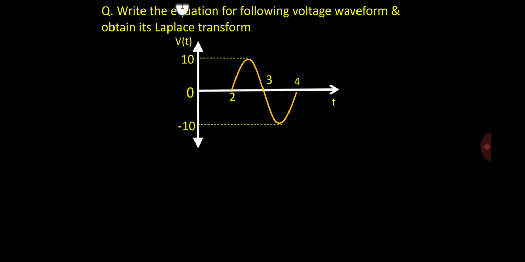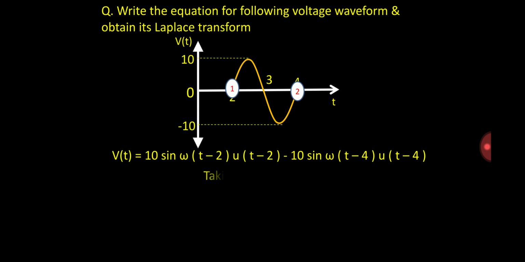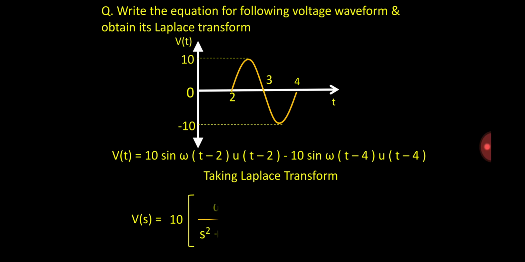Next we have to obtain its Laplace transformation. So taking Laplace transform of v of t, the Laplace transformation is V of s equals 10 as it is, and for sine omega t we have omega upon s square plus omega square, and as it has been delayed by 2, that's why e to the power minus 2s.